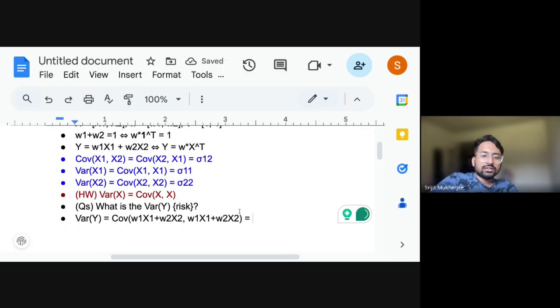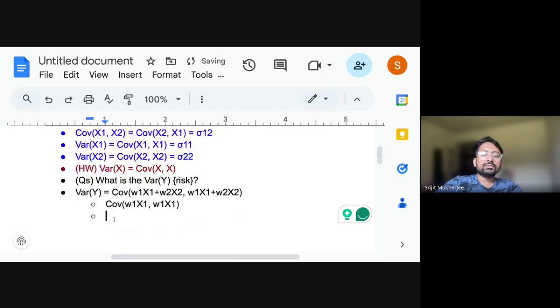So the first term will be the covariance of w1 x1 comma w1 x1.